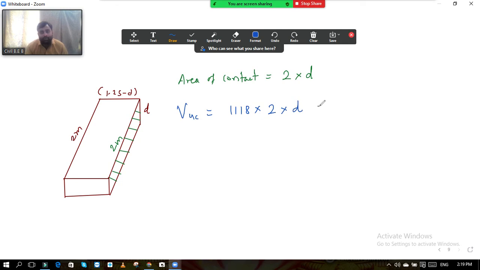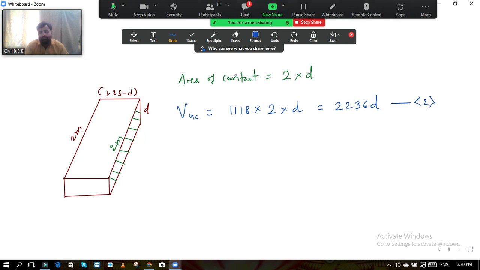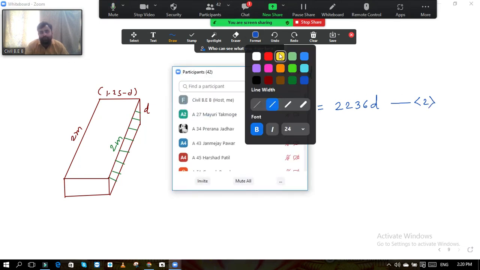So it will be 1118 into 2, 2236d. This is our equation number 2.